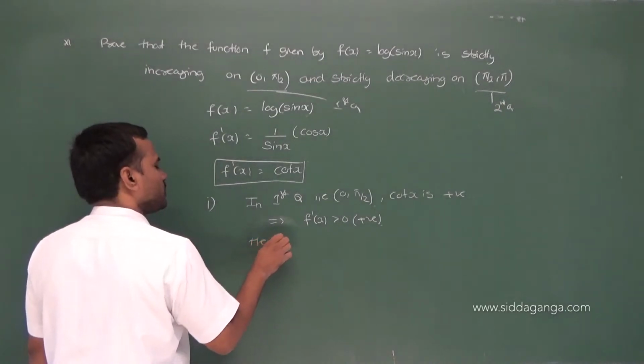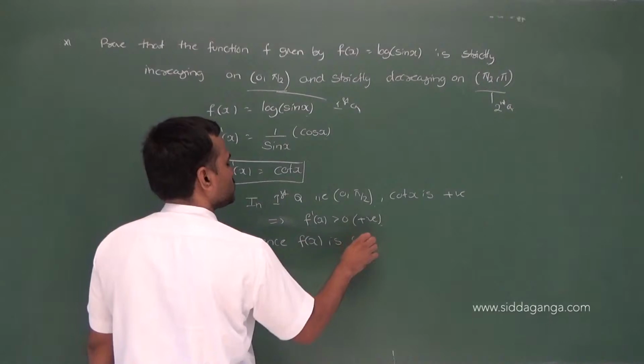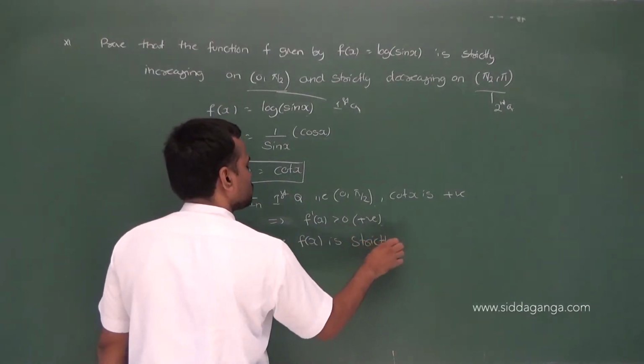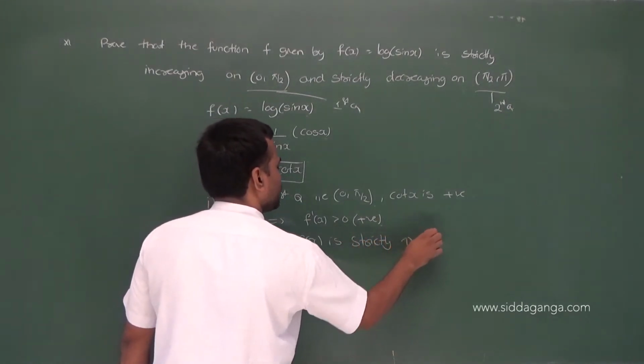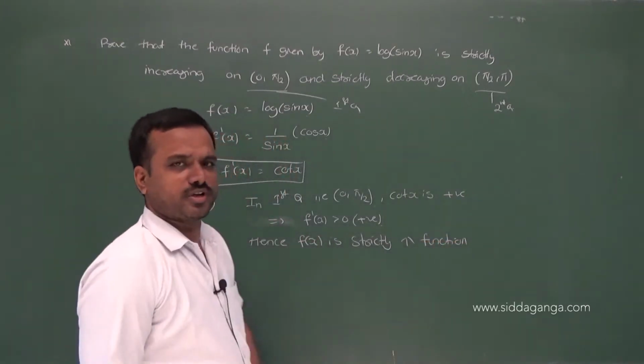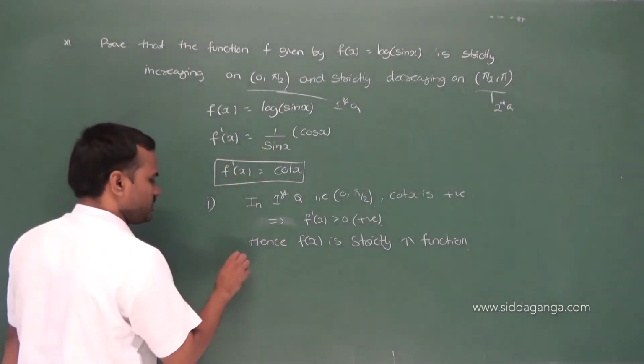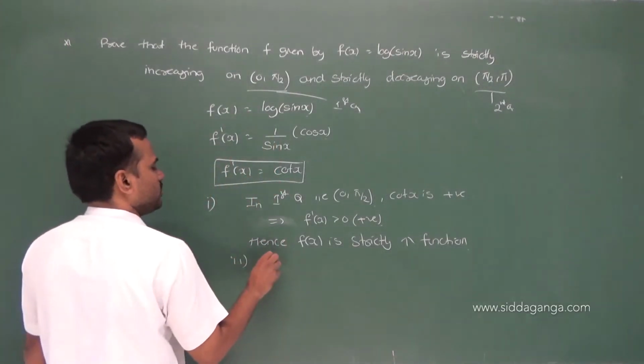Hence, f of x is what? Strictly increasing function. F dash of x is positive, f of x is strictly increasing function.